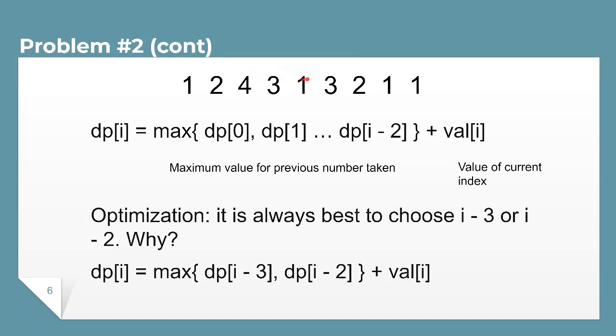Now, if we had chosen I minus 4 as our previous value in this array, then we would have chosen this 3, this 2, and nothing else. But we skipped this 3 in the middle. We could always add that 3 back, and that would give us a larger value. I'm not sure if I'm explaining this super clearly.